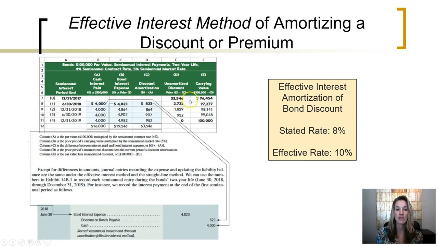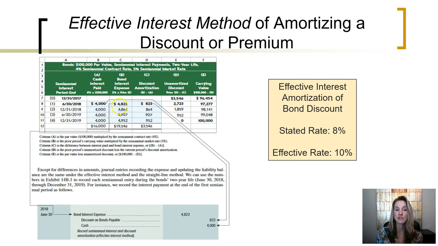On June 30th, the first interest payment is made when the carrying value of the bonds is $96,454. $96,454 times 5%, which is half of the market rate. The interest expense recorded will be $4,823.